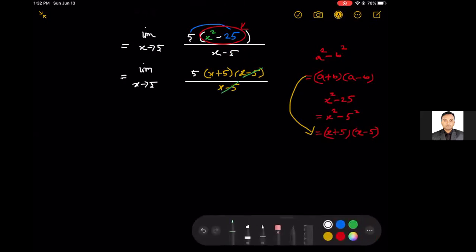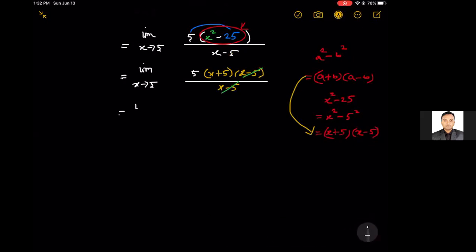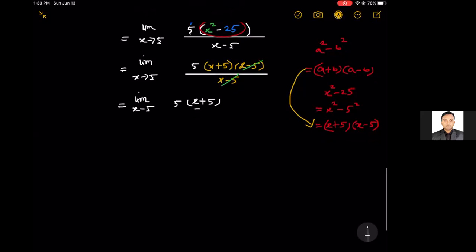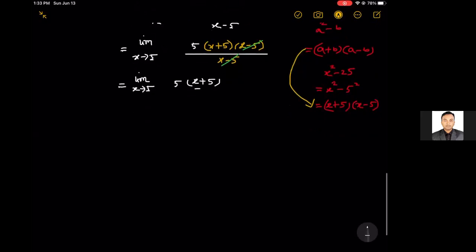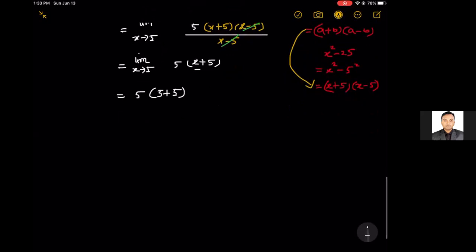and finally, we'll have limit x tends to 5 of 5 times x plus 5. Now if I plug in 5 in place of this x, this will give me a defined value. No worries with that. So I can plug in the value here, 5 plus 5, right? So it's 10. 5 times 10 is 50.